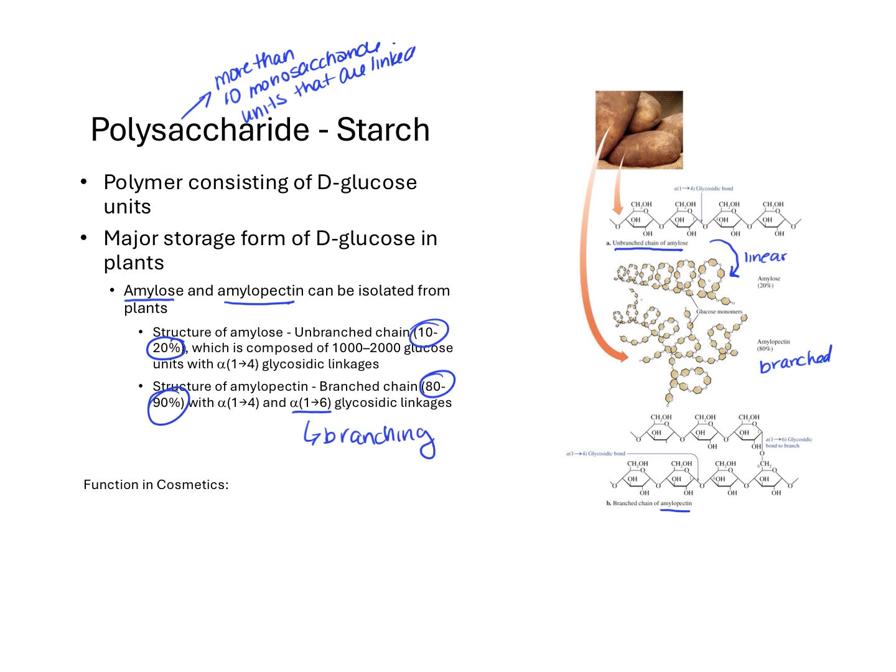Now, starch is found in cosmetics in a few different places. It's used as a thickener, binder, and absorbent, right? And an absorbent just reduces shininess in your cosmetics.